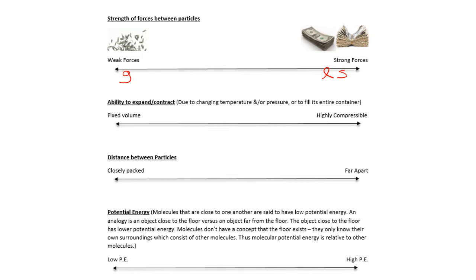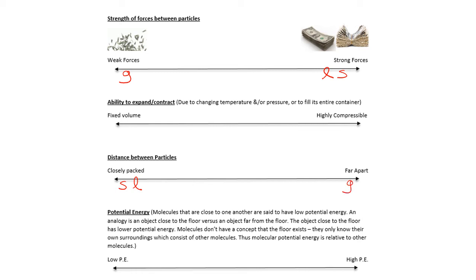Yes, they can kind of move around, but aside from that, they're basically like a solid. They are held together very strongly or they wouldn't be so closely packed. That moves down to this third one here, closely packed. So that's our solids and our liquids. Only the gases have particles that are actually far apart.